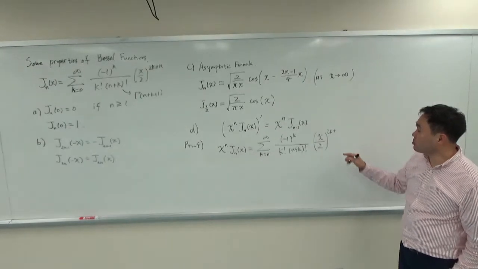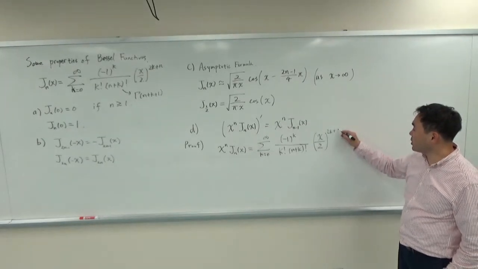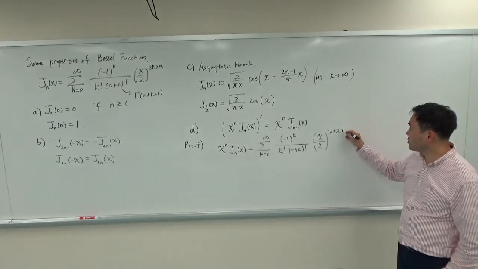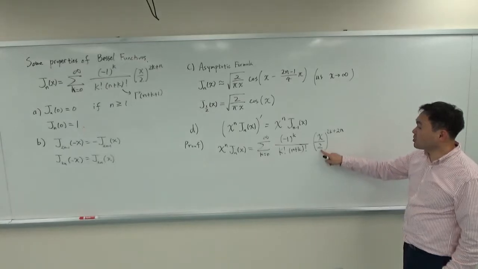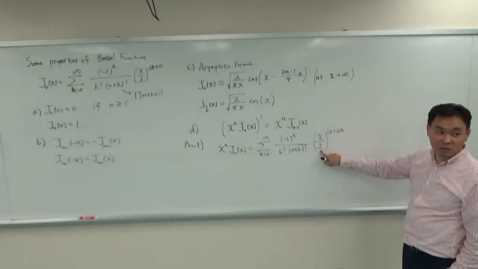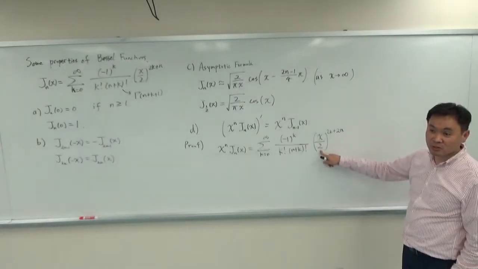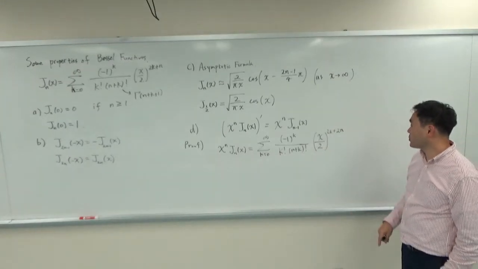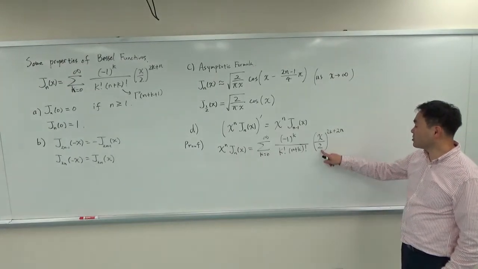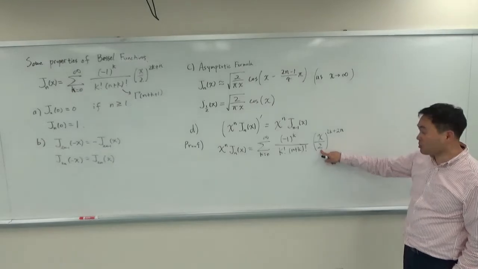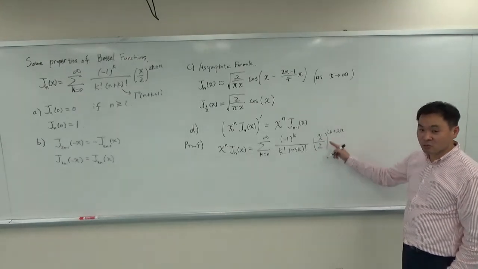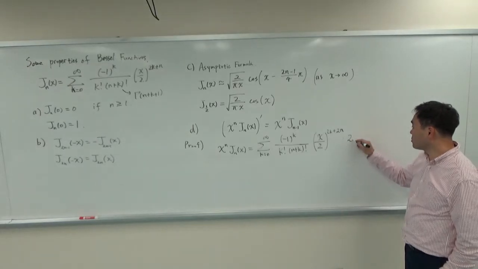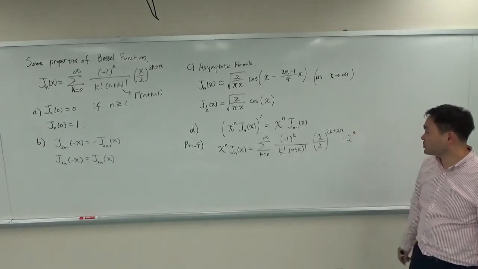Because I'm multiplying x to the n, this will be 2k plus 2n, right? But those extra n's don't come with over 2, right? So I've inadvertently introduced more division by 2, so I have to cancel the introduced 2 by multiplying by 2 to the nth power.